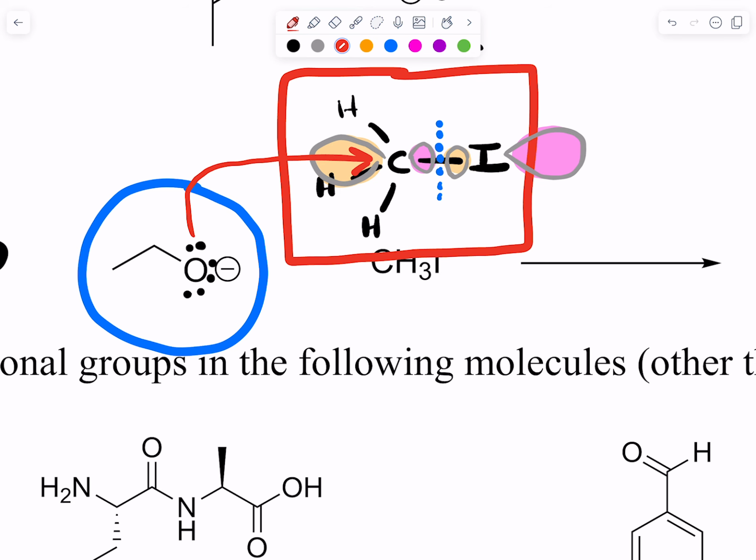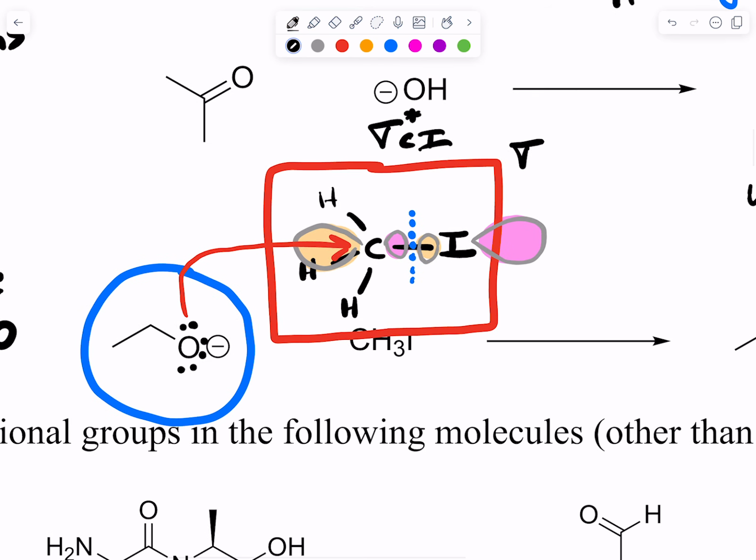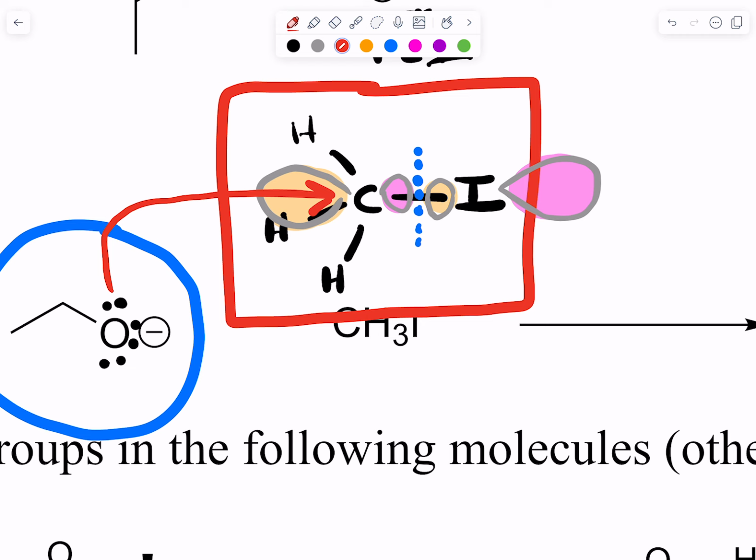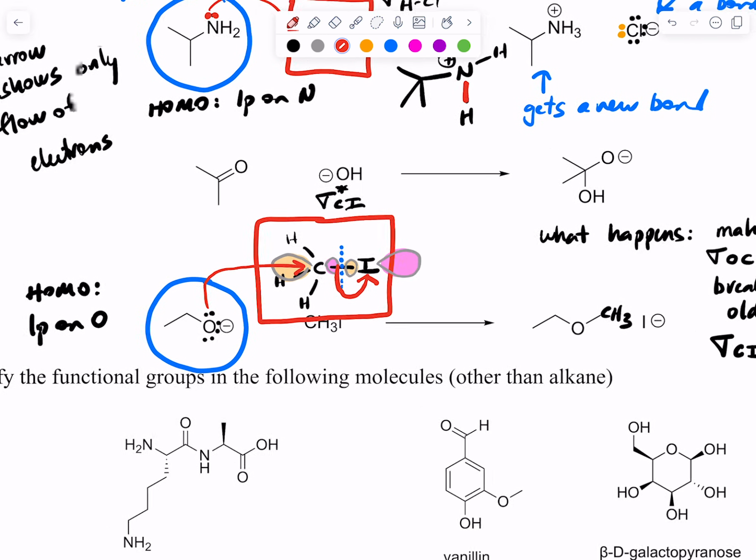But the fact that I dumped the electrons into a sigma star antibonding orbital, there's the star, tells me that I have to do what with that sigma bond? Break it. So what's my next arrow? Start with the bond, point towards iodide. This is how we show electron flow to explain how reactions happen.